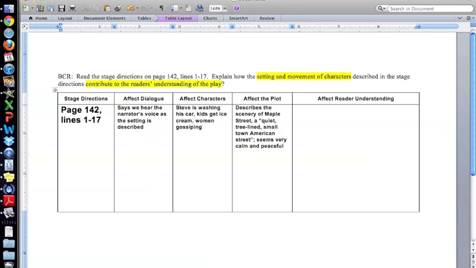Finally, I want to describe in a little bit how all of this information has affected my understanding of the text and of the play. So after reading these stage directions, I get the sense that this is a normal, peaceful American town. I am wondering where the conflict will come.